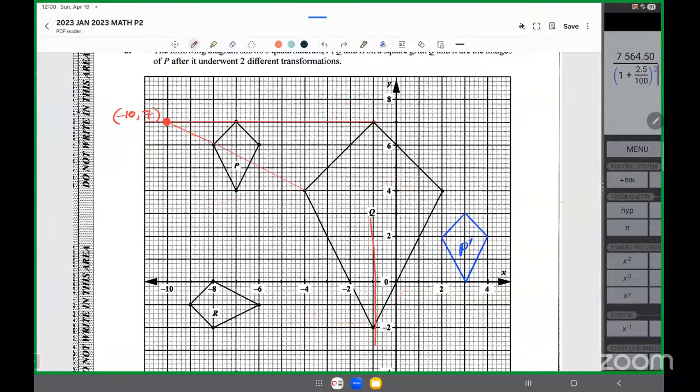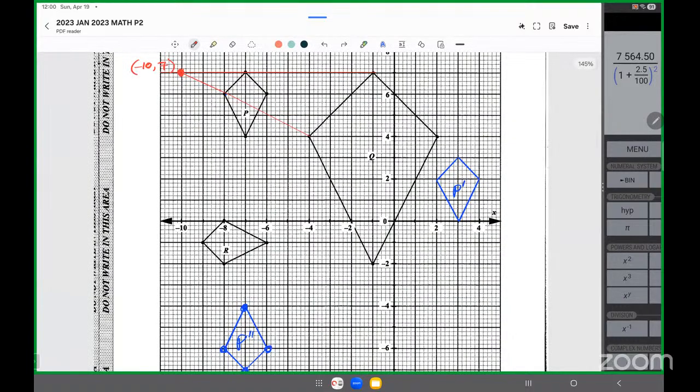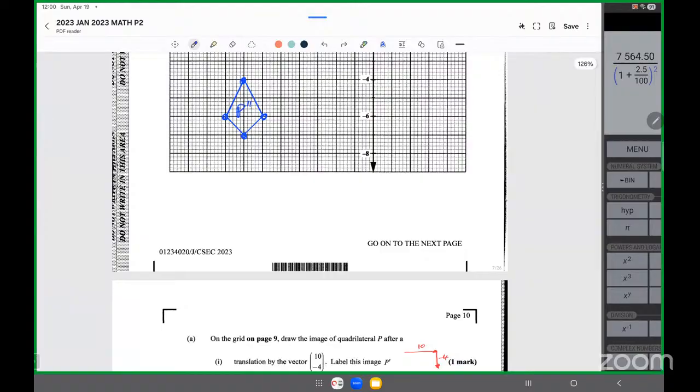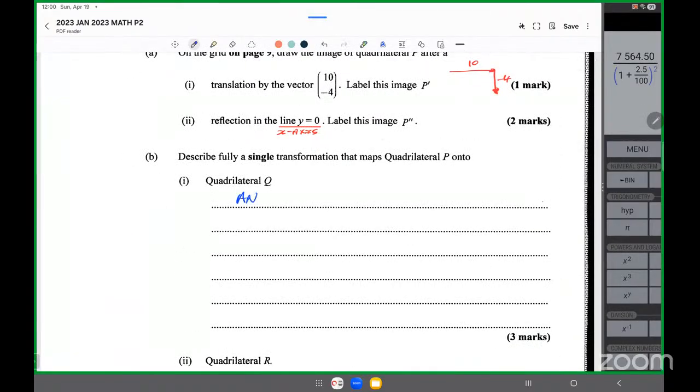All right? So we can write the description. It's an enlargement of scale factor 3 about the center point -10, 7. So this is an enlargement of scale factor 3 and center -10, 7.